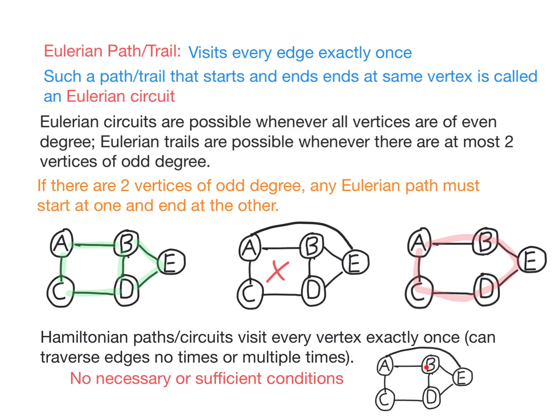So if we look at this one here, we just have to try our luck. So if I want to visit every vertex exactly once, I could just go A to E, back to B, to D, to C, and back to A. That is a Hamiltonian circuit. But again, it can be complicated to determine if one is possible at all.